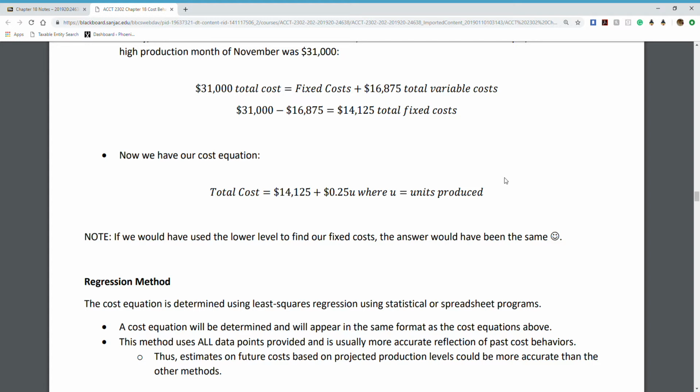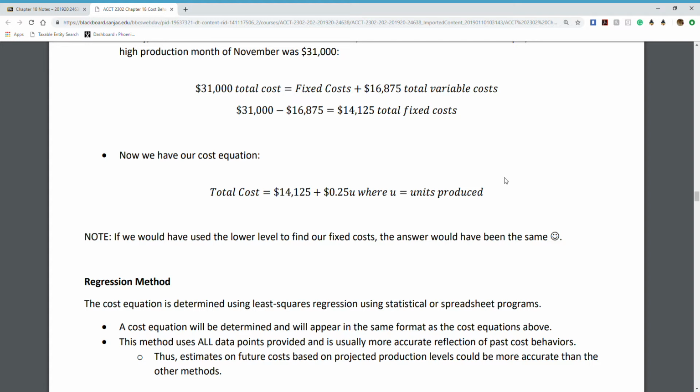Total cost is going to equal our fixed cost of $14,125 plus our variable cost, which is our slope of a quarter, times U. You can put X if you want to, but U for us is units produced. No matter how many units we have, now we know exactly how much it's going to cost us.